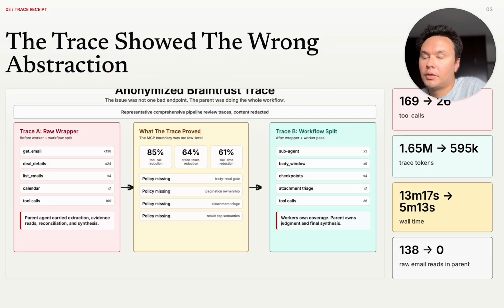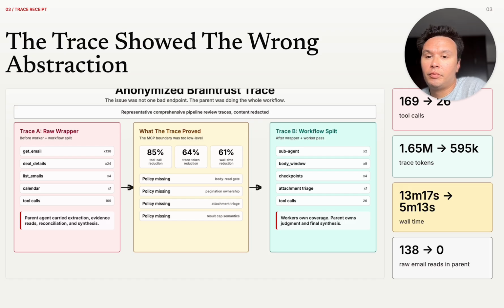Here's the moment that changed my mind. This is an anonymized trace that I got from a real run of the agent. It was not a design review, it was not a blog post, it was just a simple trace that I saw.